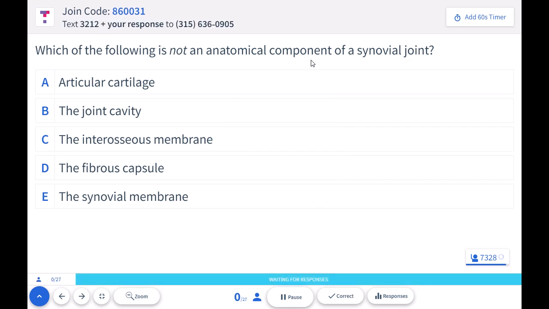So let's have a concept check. Which of the following is not an anatomical component of a synovial joint?